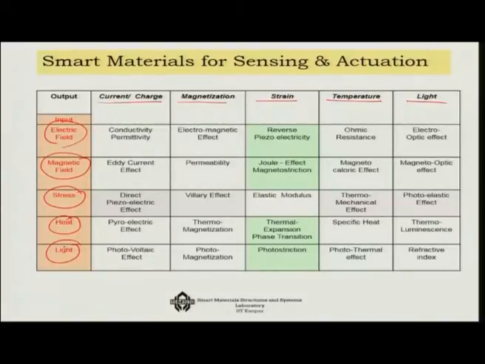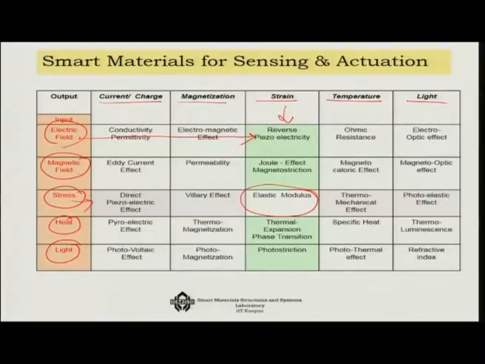If I consider a diagonal element in this matrix, that is stress versus strain, then what comes in the diagonal element is the elastic modulus. That is not smartness, because every material deforms under stress. Then what is smartness? Smartness is if I can generate strain not with the help of stress but, let us say, with the help of an electric field. That is known as reverse piezoelectricity, and that is smartness.